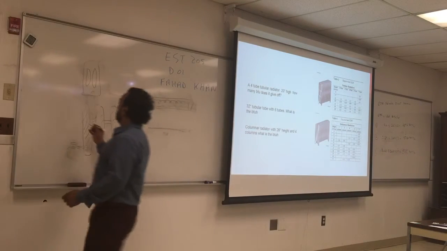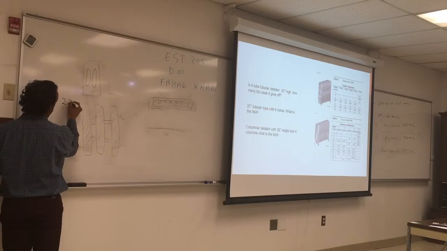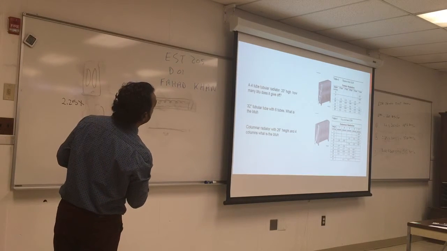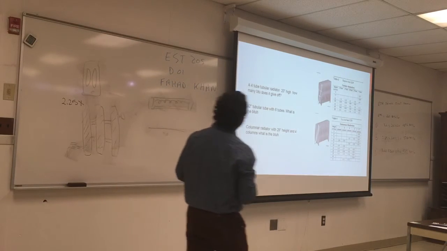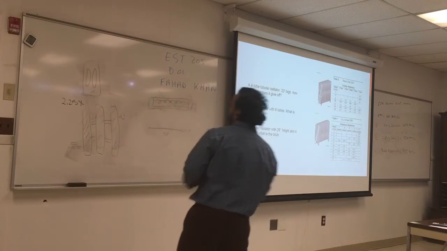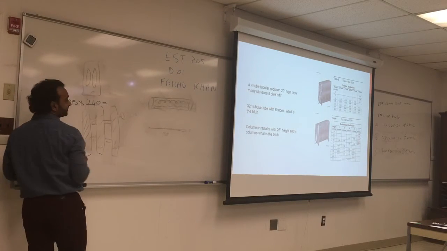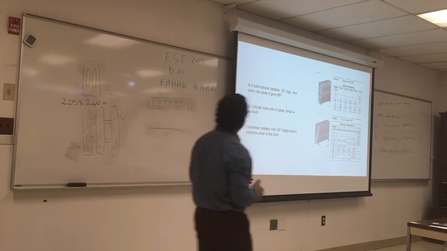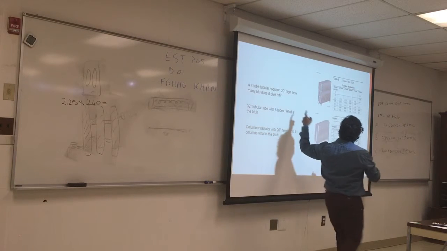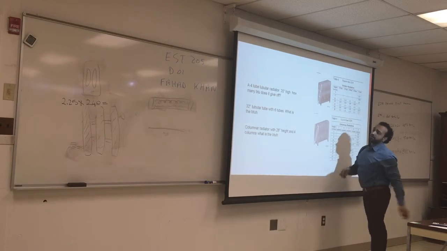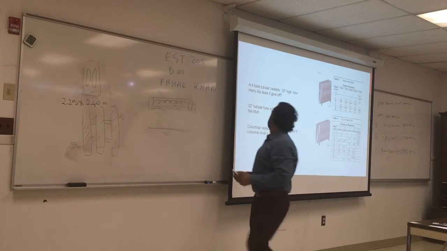So I'll go here with 2.25 times 240. That's it. It's a 4 tube, 20 inch. So I got two inputs here, 4 tube and 20 inch, 2.25, and you multiply by 240.